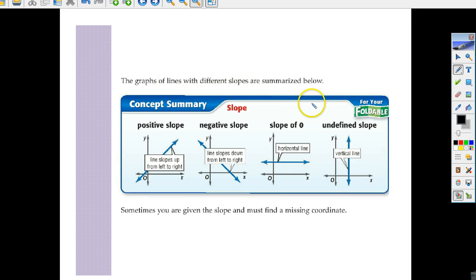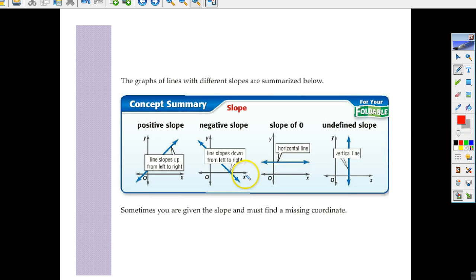Alright, so let's summarize what we learned so far. These are all different slopes. If you notice, if you have a trend going upward from left to right, it's called a positive slope.